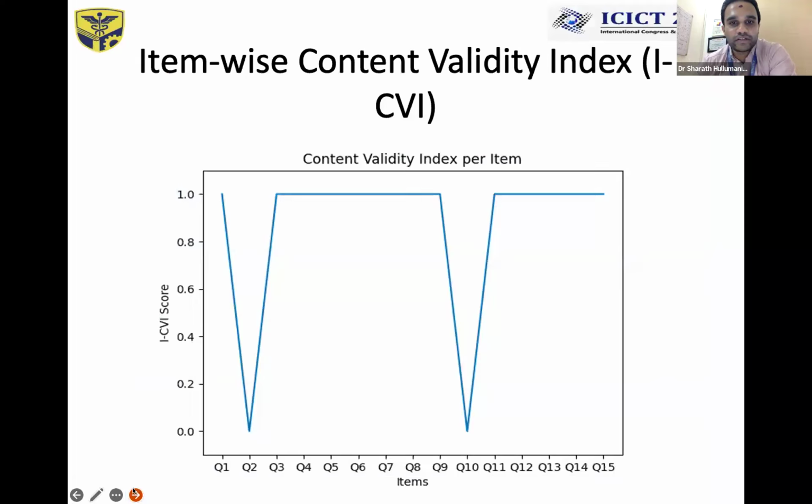In the CVI table, we can see that the second question and the 10th question have a 0, with some kind of conflict among the experts. Most of the experts gave a conflicting rating on question 2 and question number 10.